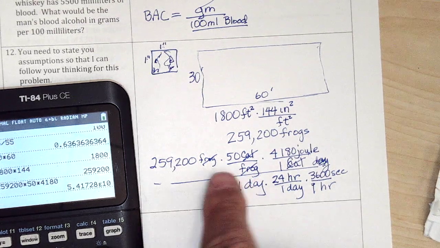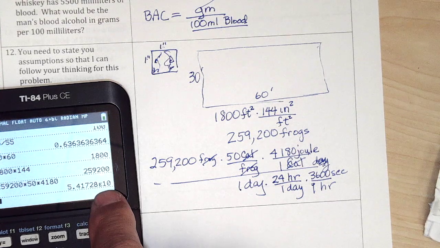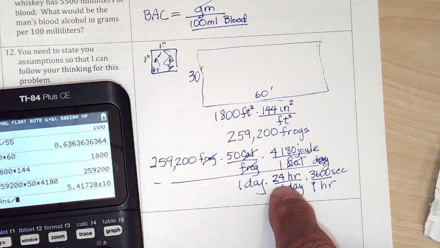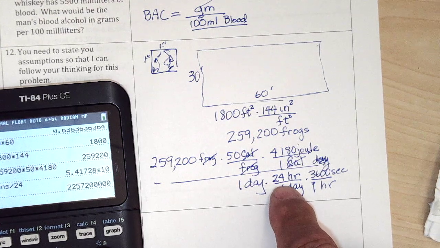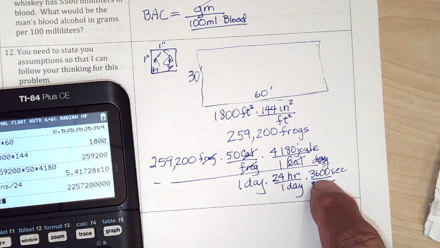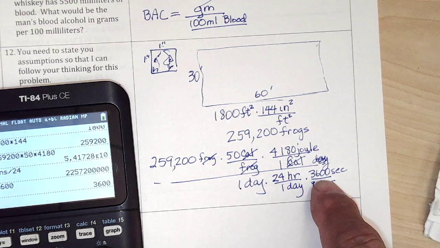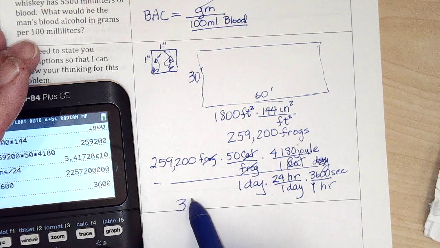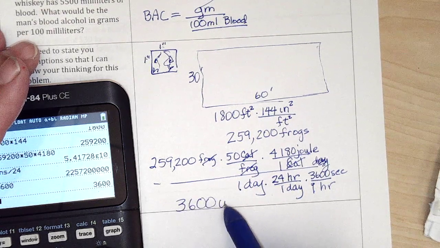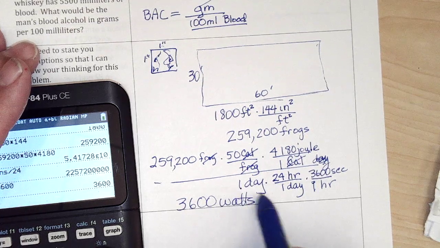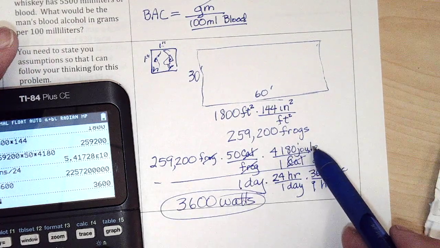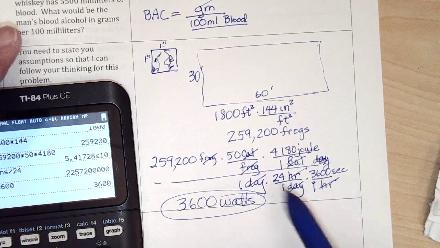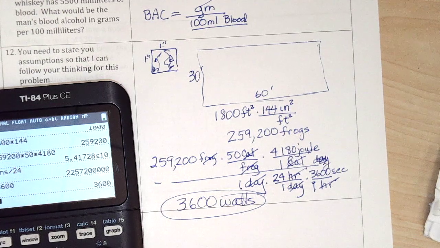That's my numerator, really big, times 10 to the 10th. Then I have to divide it by 24. Then I have to divide it by 3,600. And I'm getting 20,600 joules per second. Hours are canceled, days are canceled. Okay?